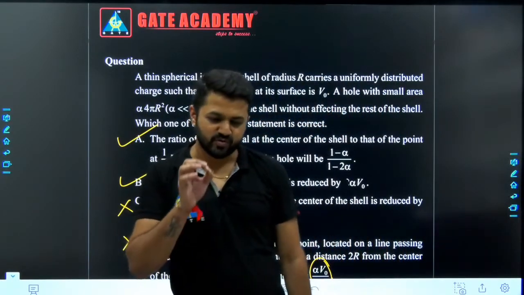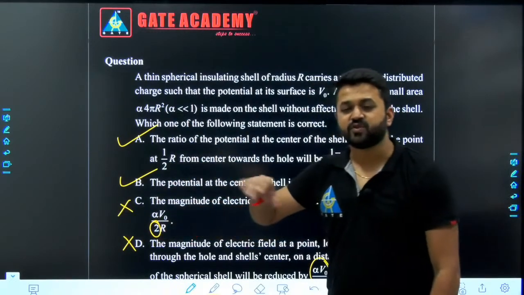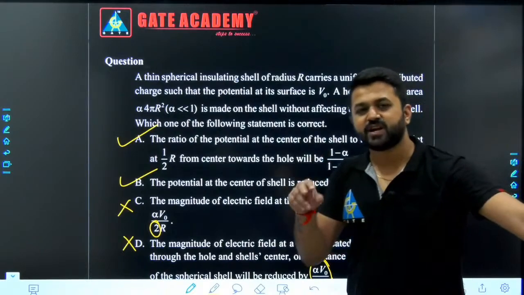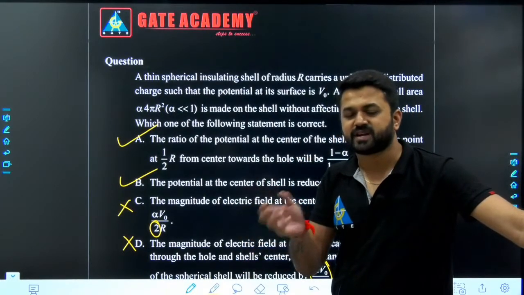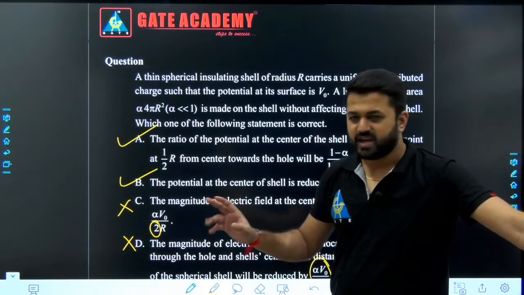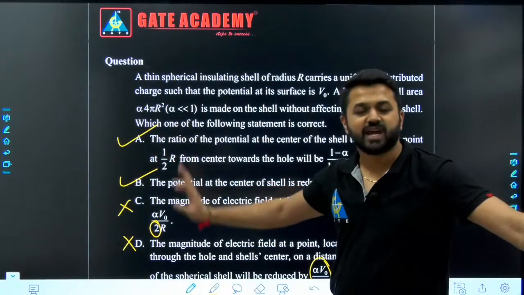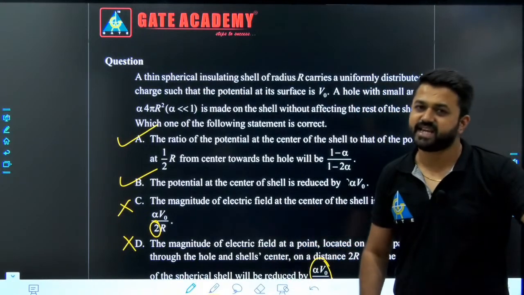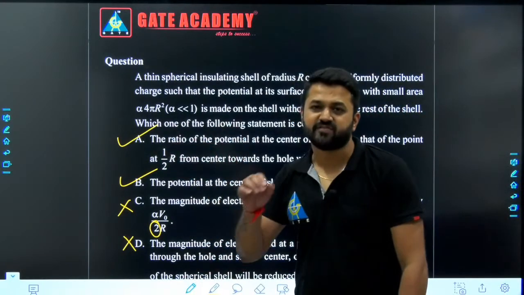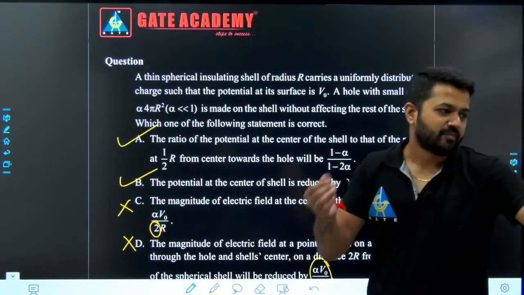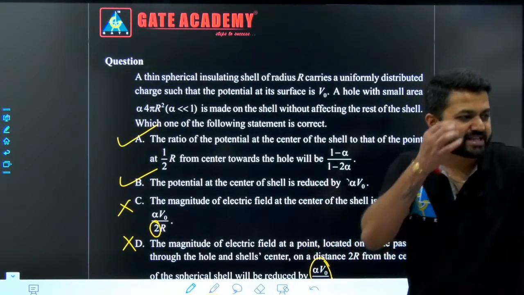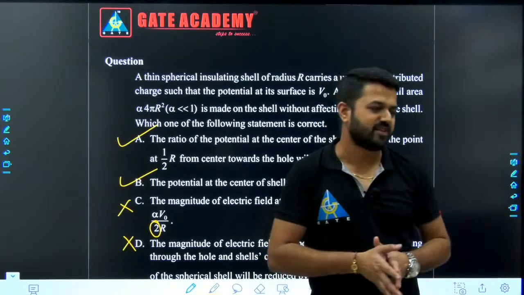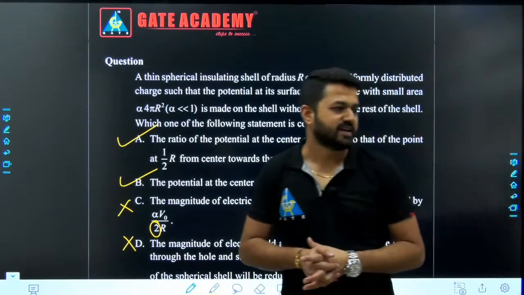If there are two correct options and you mark both, then only you will get the marks. If you mark option A only and leave B, C, D, you will not get any mark. Like in JE, where we get some marks even for a partially correct answer, but in GATE there will be no partial marking. I think it is also clear to you.